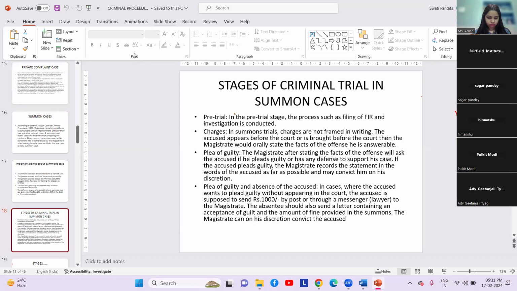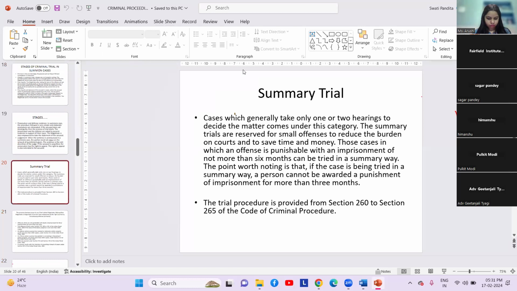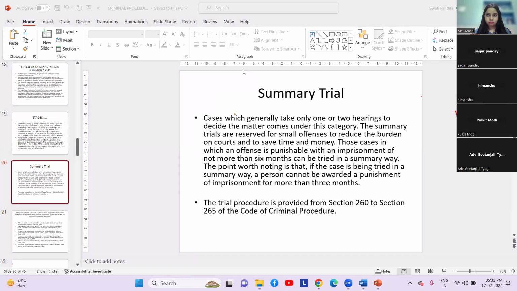Summary trial. Summary trial is a very short process. Again, I'll give the example of sections 138, 139 negotiable instrument matters, where the matter should be decided within 2 years from the filing of the matter.